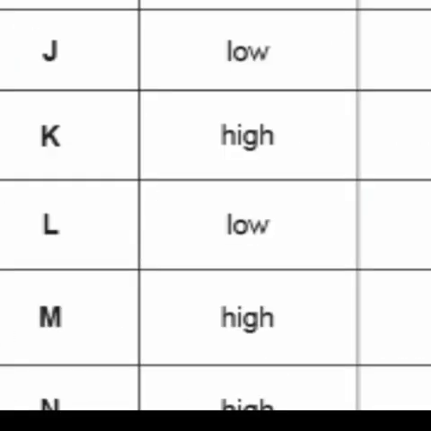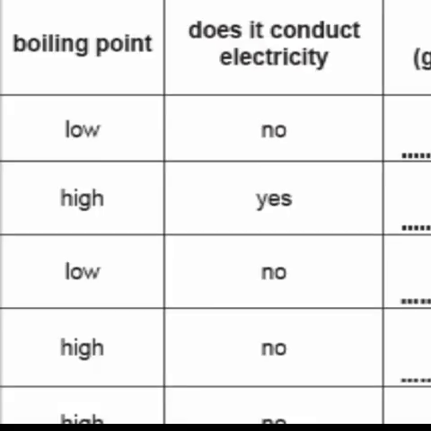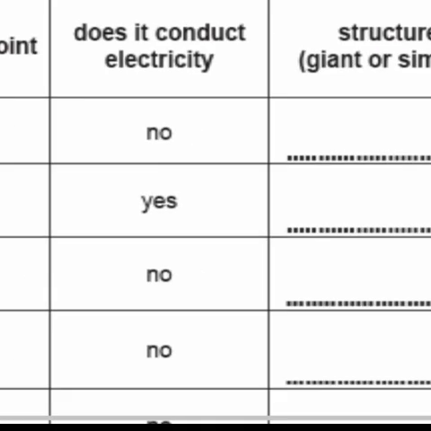Substance M has a high melting point, high boiling point, and does it conduct? It does not conduct. This is a substance that has a giant structure. Remember diamond? Diamond has a giant structure. It is the hardest substance known so far, but it does not conduct electricity.